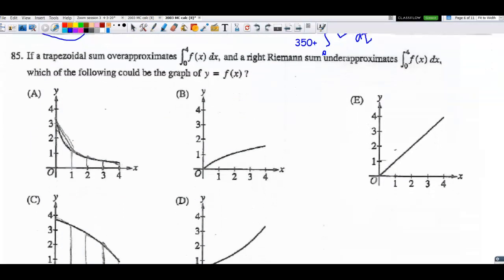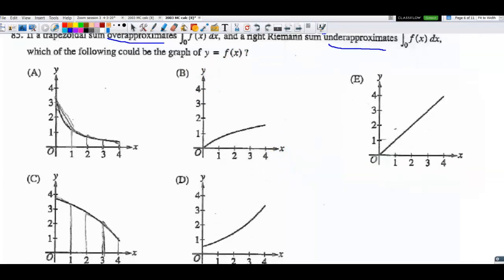Number 85. If a trapezoidal sum over approximates the net area and a right Riemann sum under approximates the net area, which of the following could be the graph of f of x? So the first thing that we notice is we have a decreasing function, increase, increase, decrease, increase.